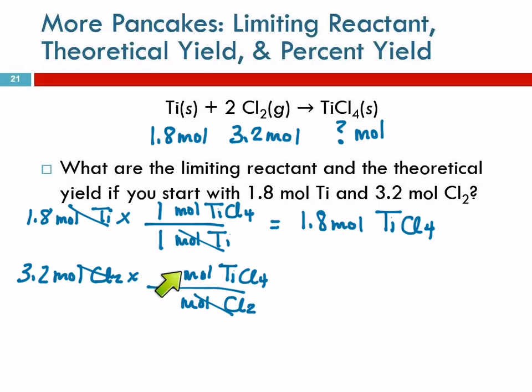What number do I put in the numerator here? 1. And what number goes in the denominator? 2. It takes 2 moles of chlorine to make 1 mole of titanium chloride. So this ends up being 3.2 times 1 divided by 2. 1.6. So 1.6 moles of titanium chloride.